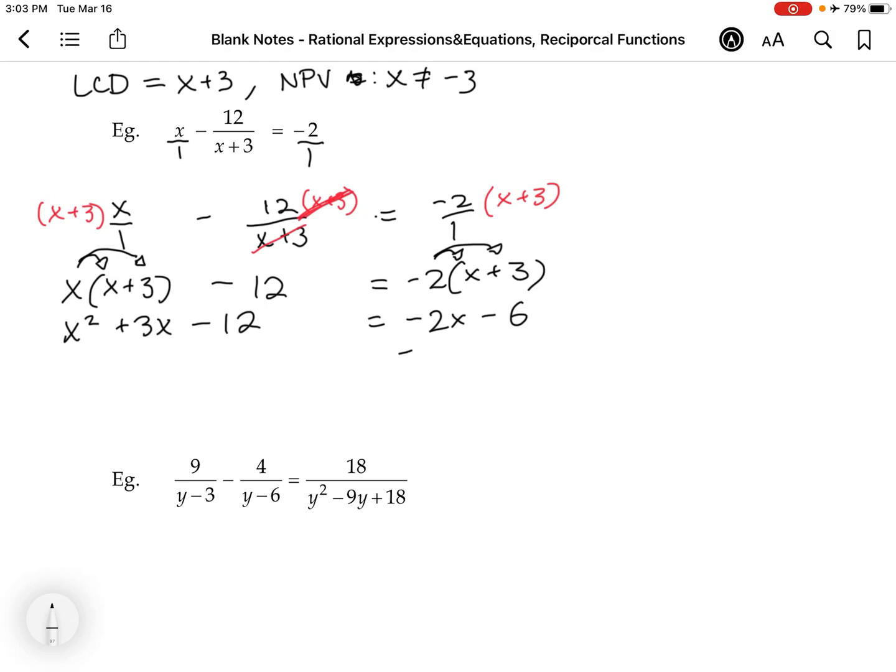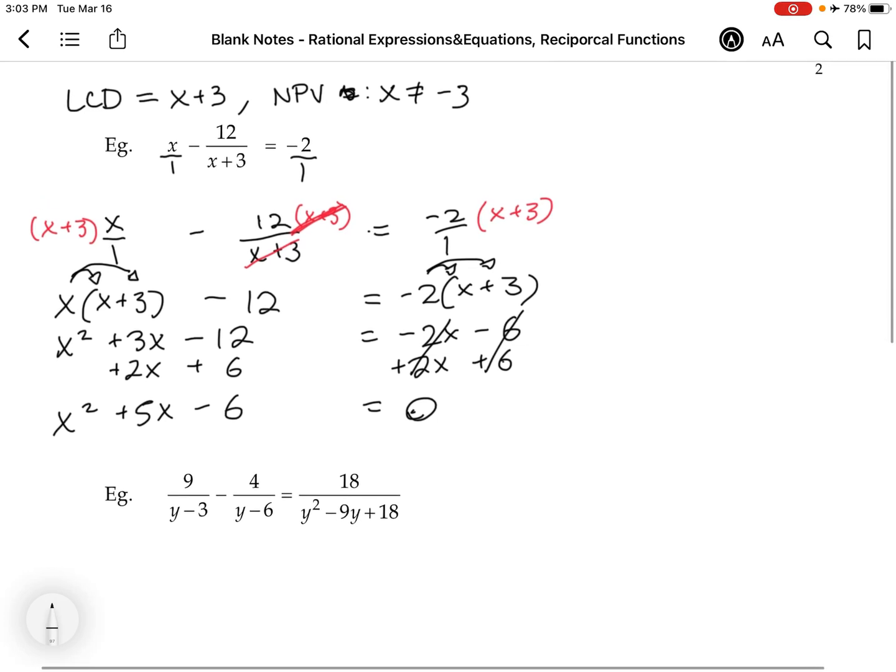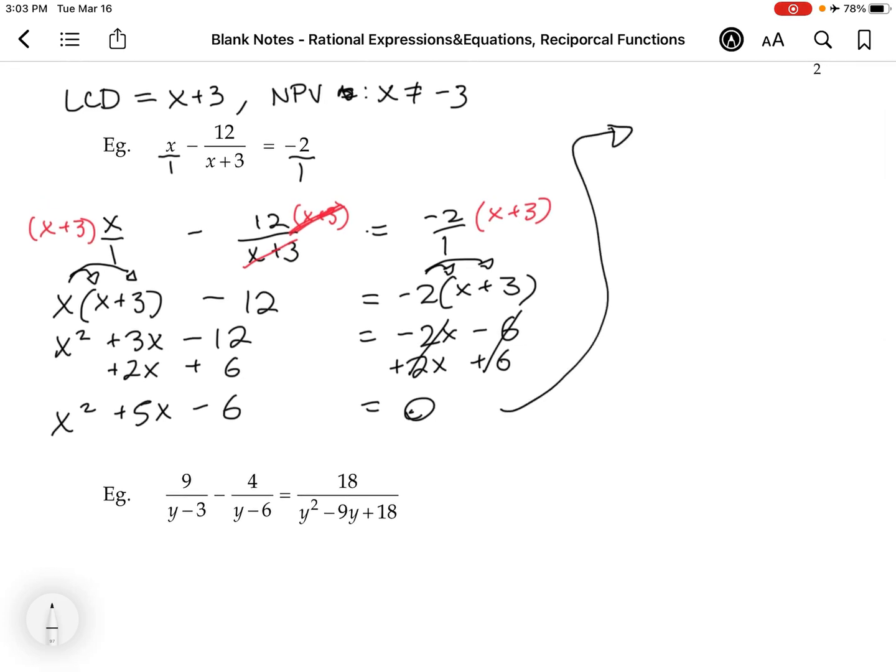So I've got to equate one side to 0. I've got to add 2x and add 6 to both sides. So I'm going to have x squared plus 5x minus 6 equals 0. And this one's factorable, so that's quite nice. I'm going to just continue this over here because I'm running out of space. I'm looking for two numbers that add to 5 and multiply to negative 6.